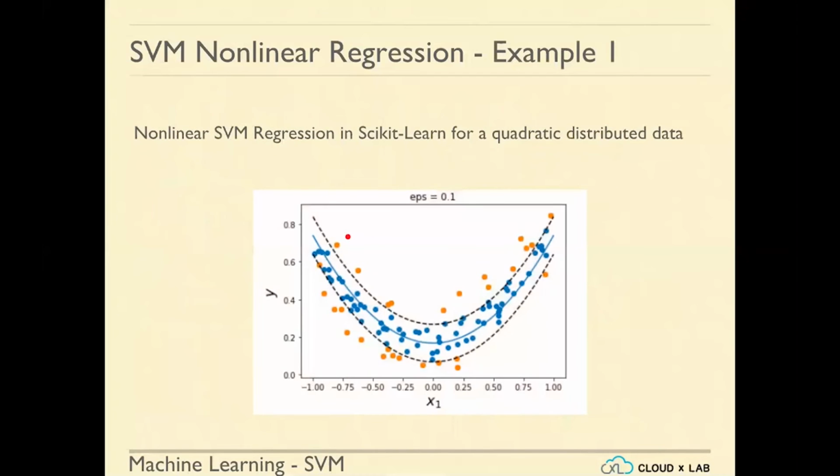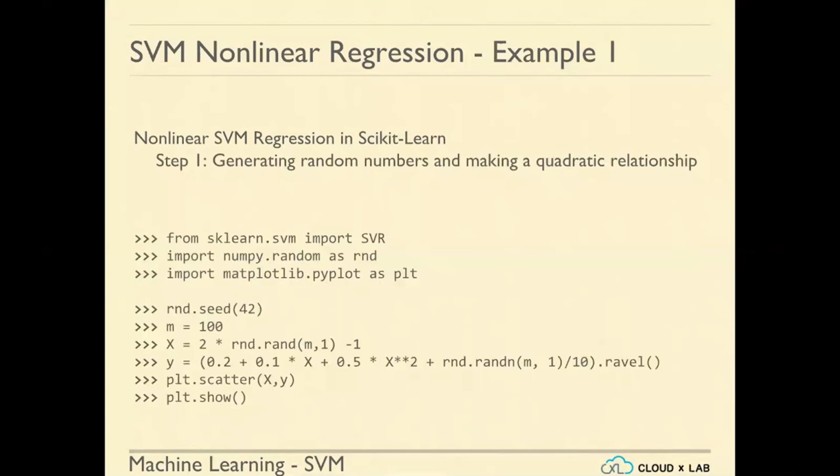Okay, so nonlinear SVM regression in scikit-learn for quadratic distributed data looks like this. And by the way, for those wondering why SVM is so important, before deep learning came into play, SVM has been the front runner of machine learning.